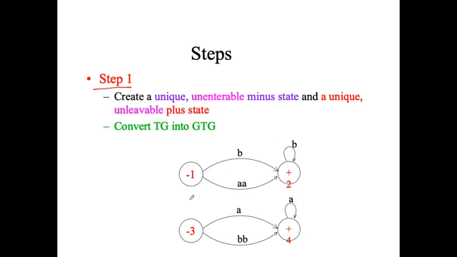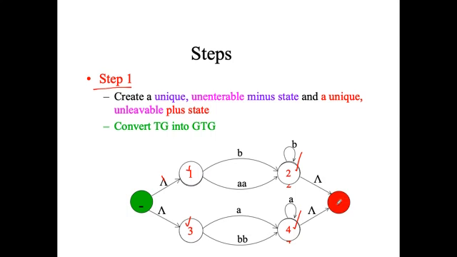So let's say we have this transition graph. There are two initial states, one is this one and one is this. There are also two plus states, this one and this one. So what we do, we create a unique unenterable minus state here, and we connect them by lambda, and we create one unleavable plus state, and we connect these plus states by lambda.